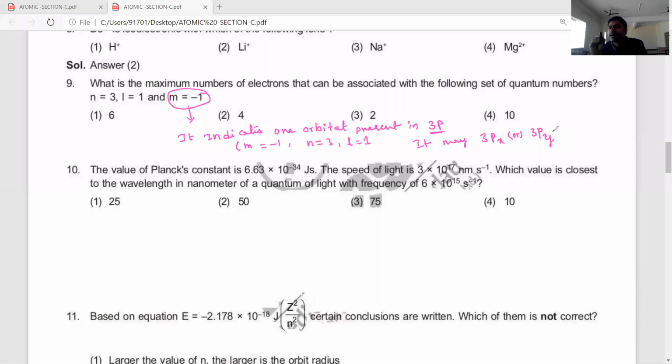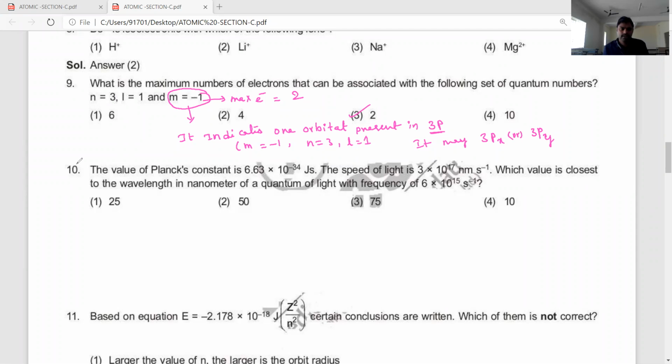Because for 3pz the m value should be 0. m equal to -1 means it may be either 3px or 3py. So one orbital can take a maximum of how many electrons? Then maximum electrons is equal to 2. So the answer is 3. Okay.